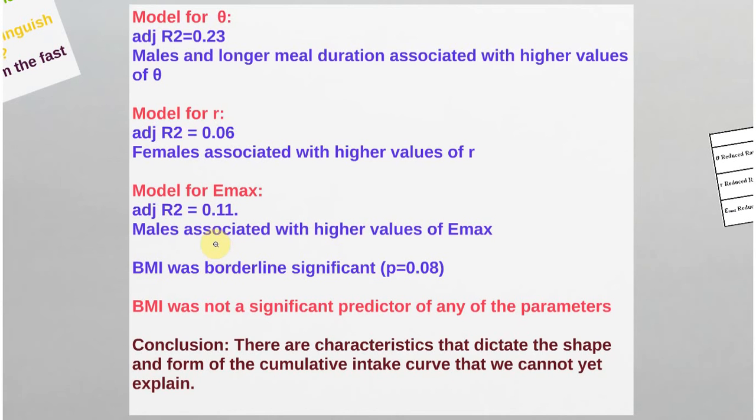Males were also associated with higher values of Emax, what they maximally can consume. And for Emax, BMI was borderline significant. The p-value was 0.08, so it shows that it might be influential. I don't have the data for this yet, but I quickly checked whether body mass index was a predictor of the timing between fast and slow, and it is.